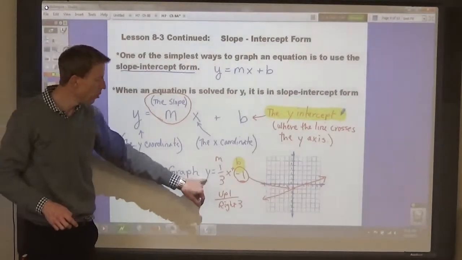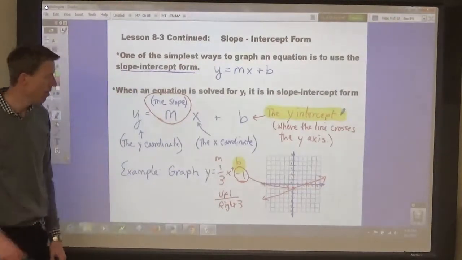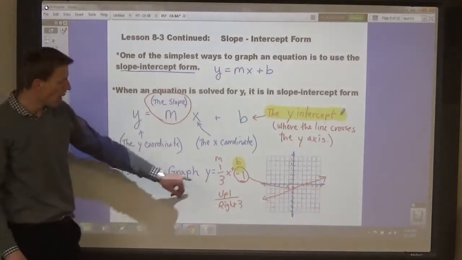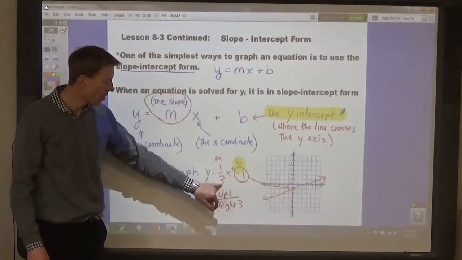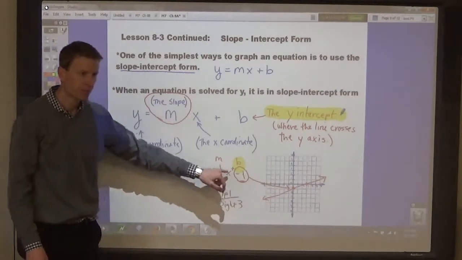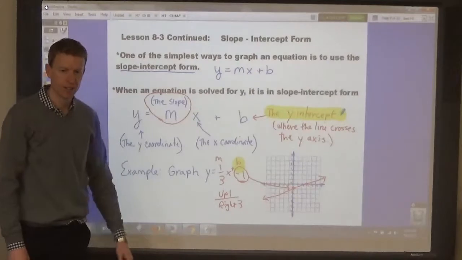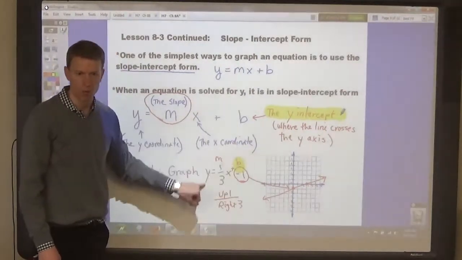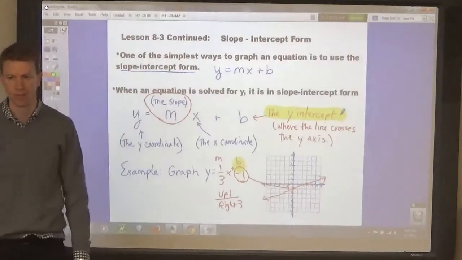Alright, so this is what an equation looks like that's in slope-intercept form. Y equals 1/3 x plus -1.